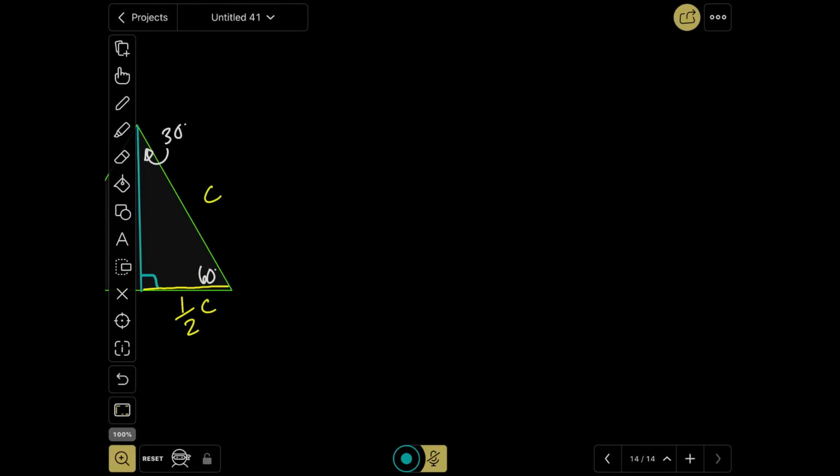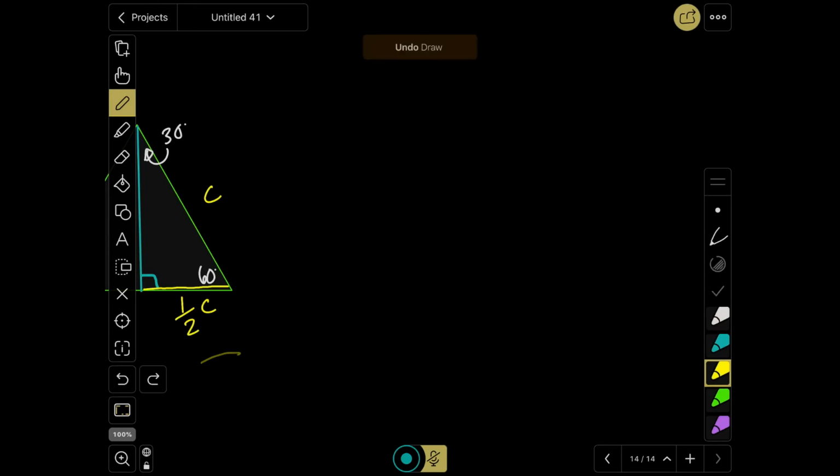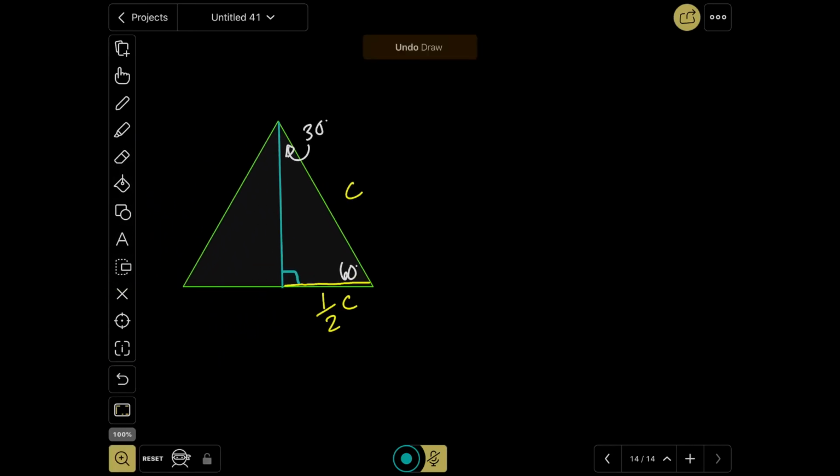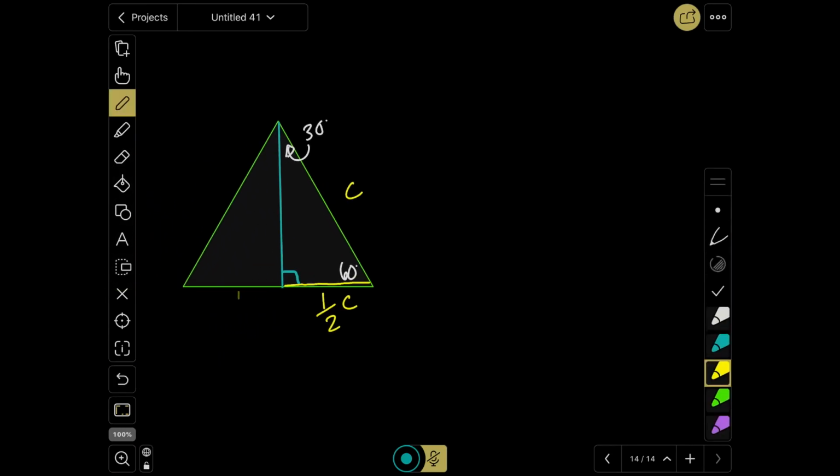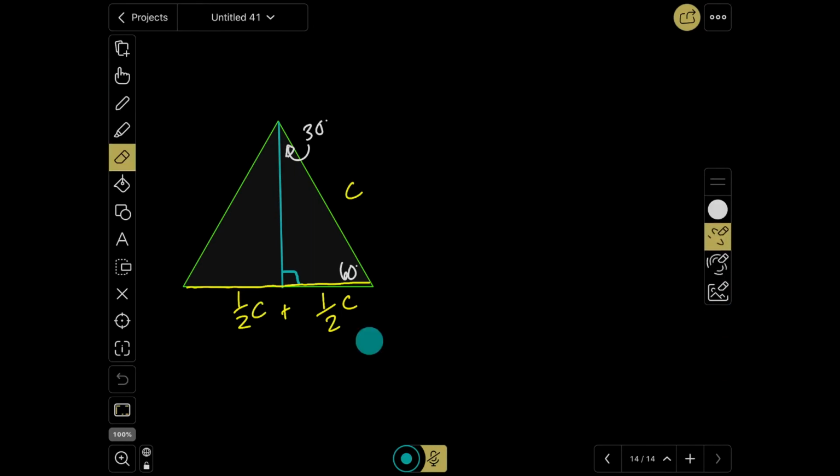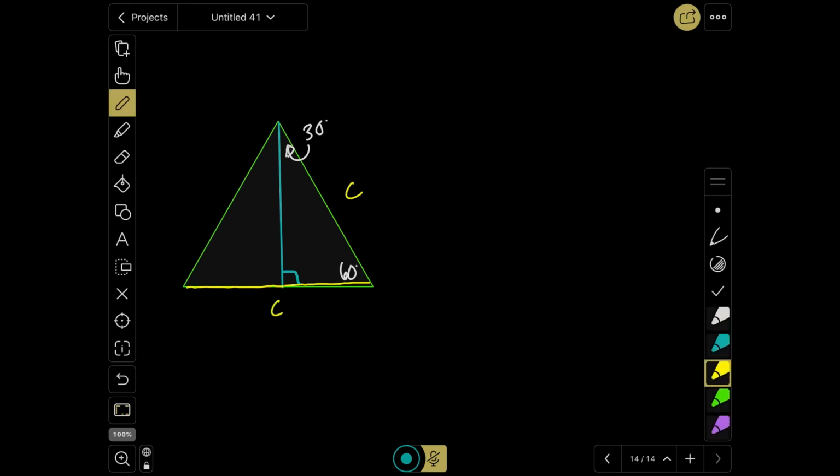That means if I slide this over to the side and double this segment, then the whole segment now in yellow will be, what's 1/2 plus 1/2? 7, 11, 91? No, it's just 1. So 1/2 c plus 1/2 c is 1 whole c. It's just going to be c.